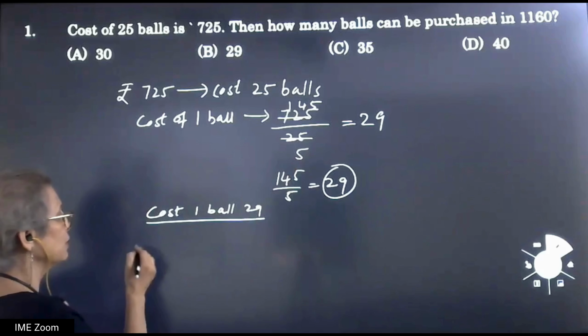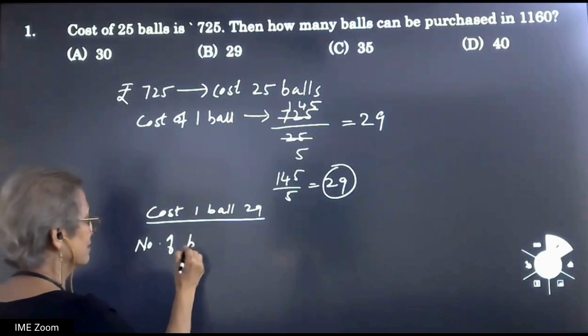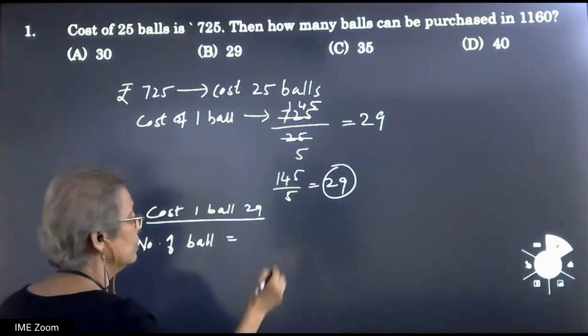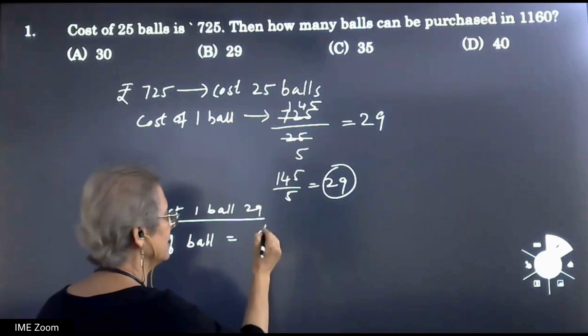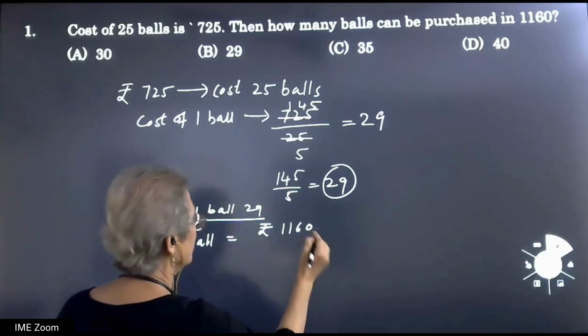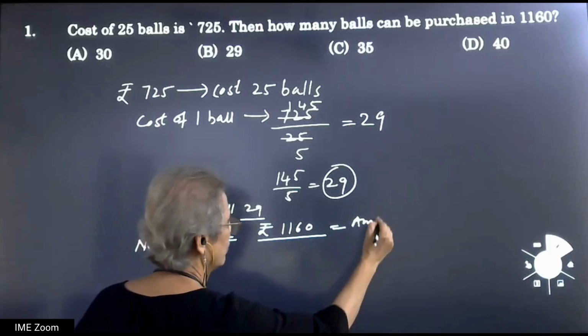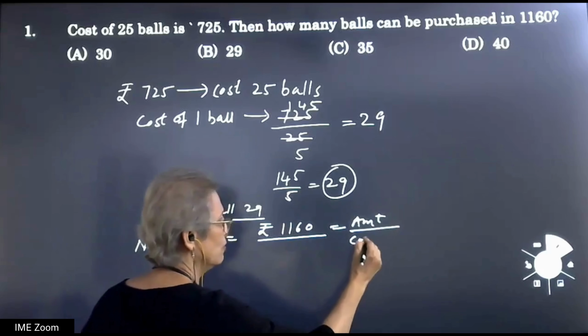Therefore what we will do, the number of balls is equal to the amount which is given, rupees 1160, divided by the cost of one ball. I will write here: amount divided by cost of one ball.